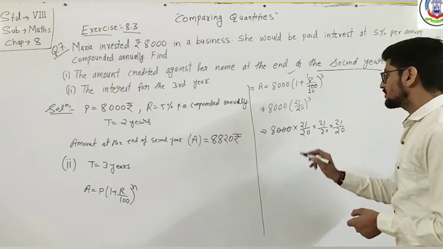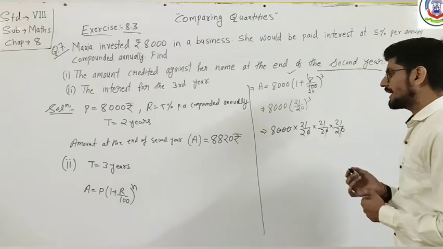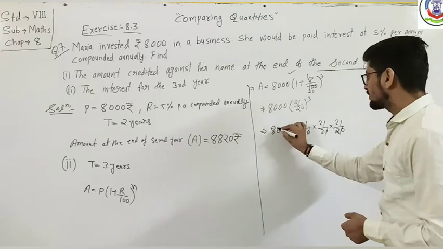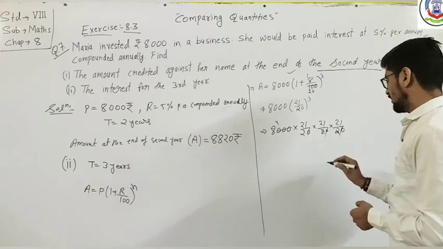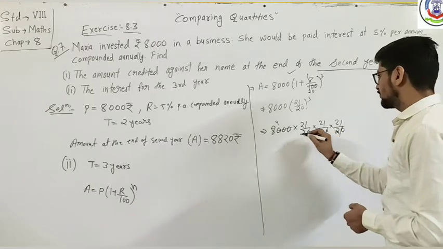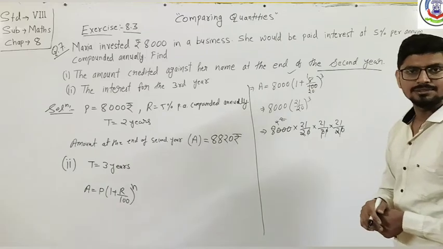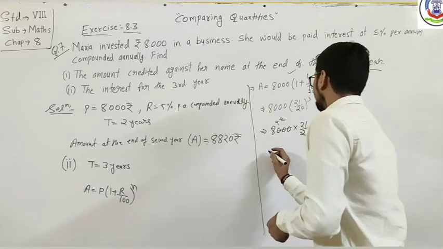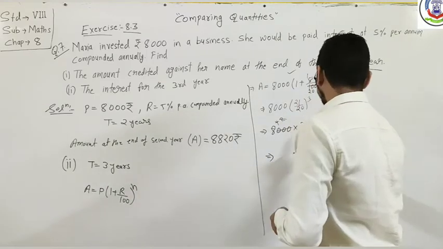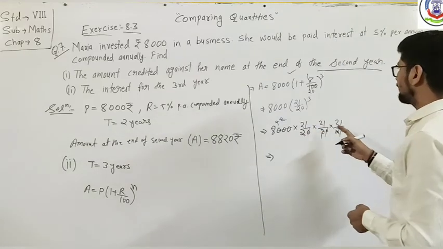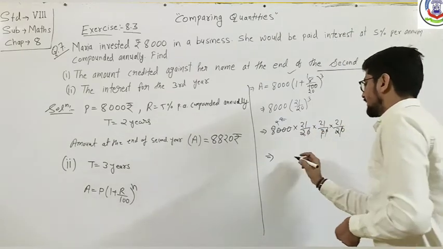So 3 zeros and 3 zeros cancel. 2 fours are 8. 2 ones are 2. 2 twos are 4 and 2 and 2 get cancelled. Okay? So you will get 21 multiplied by 21 multiplied by 21.